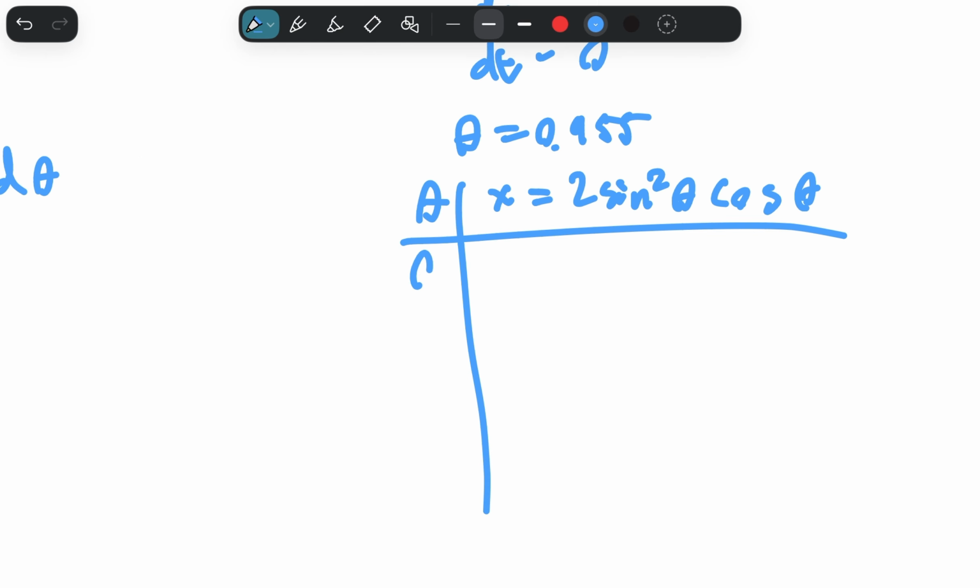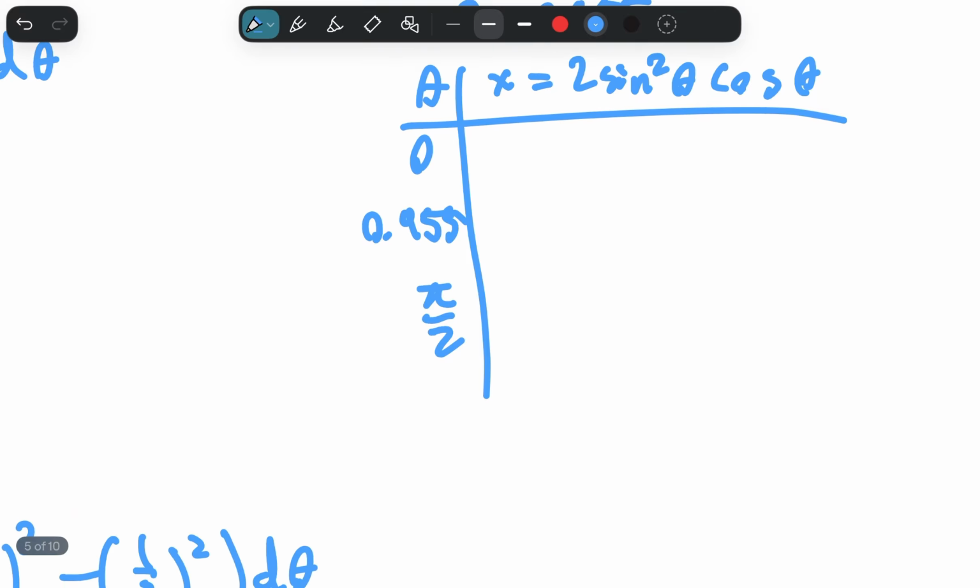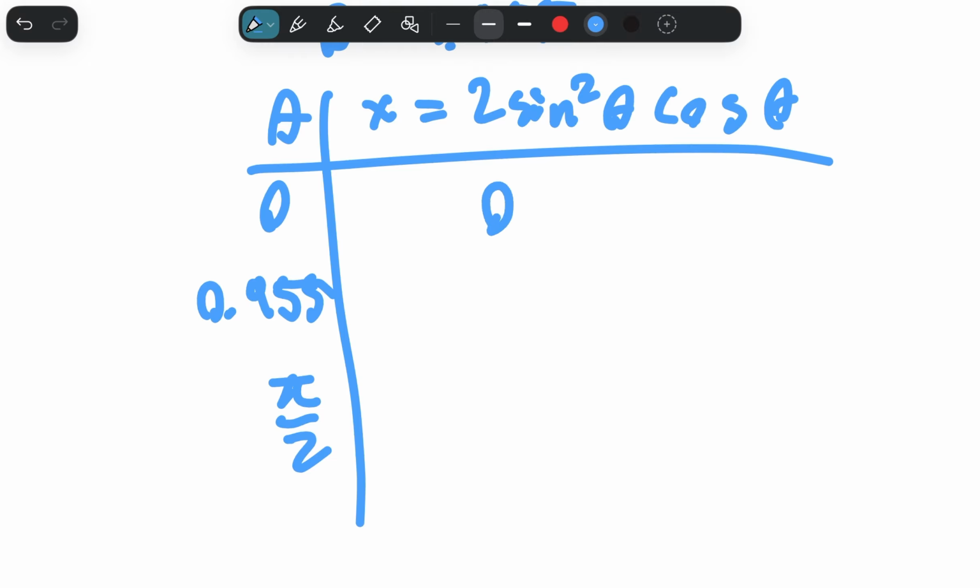So we have to have 0, and our critical point, which is 0.955, and π/2. Now, if you put this in, 0 is going to be 0, and π/2 is also going to be 0. But if we put 0.955 in, x ends up being 0.76980.